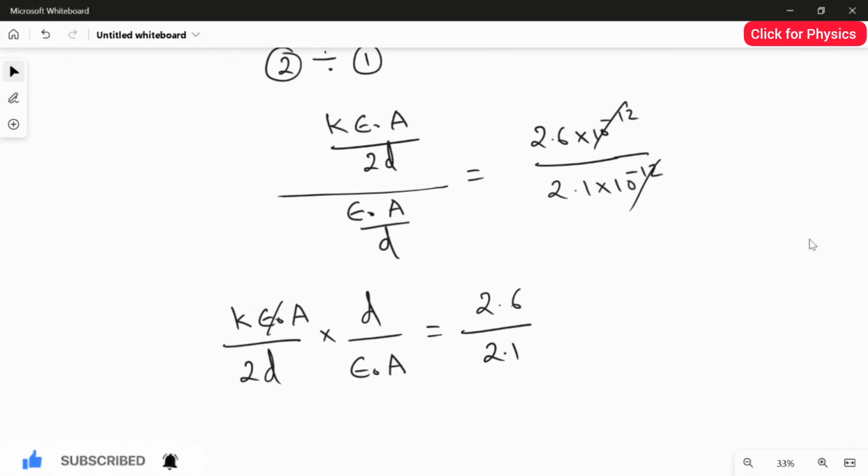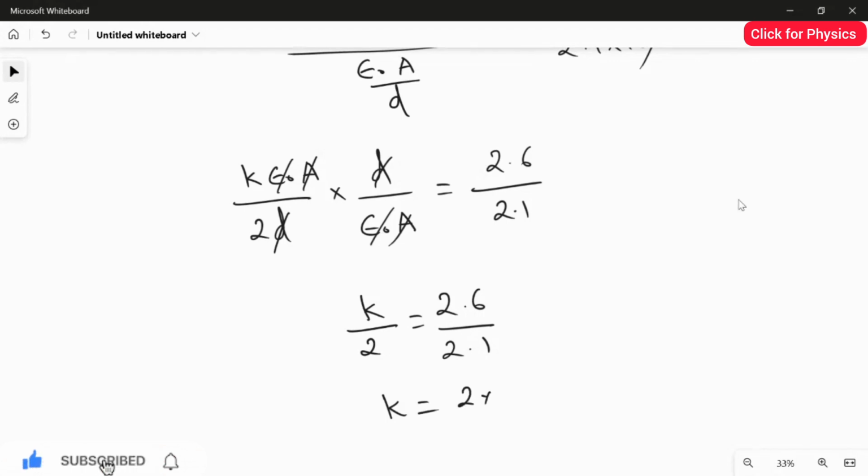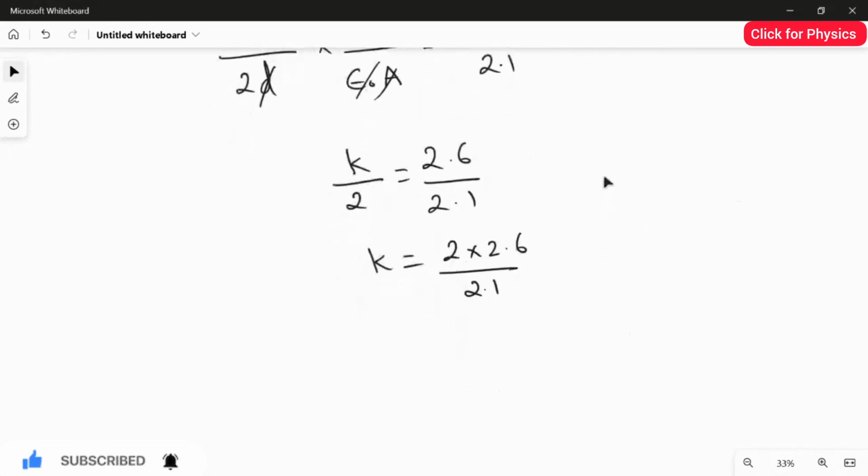And here also we can cancel epsilon naught A, and we can cancel D with D. So what remains in this equation is K over 2, which is equal to 2.6 over 2.1, right? So K equals, this 2 will go to the right hand side numerator, so 2 multiplied by 2.6 divided by 2.1, and that will give the answer for K.